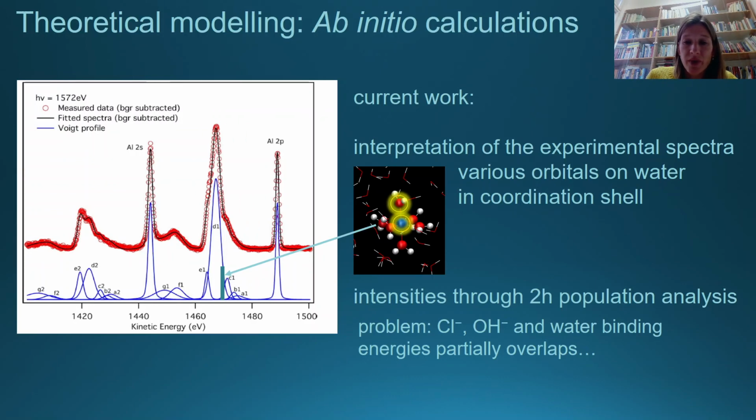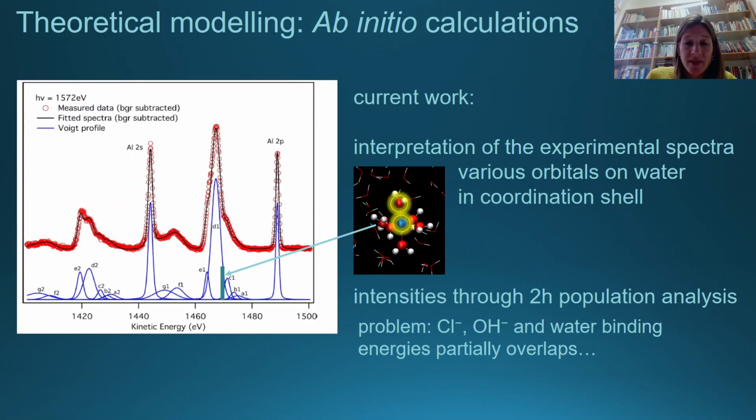As I mentioned before, the neighbors of the irradiated aluminium cation are mostly water molecules. So I am modeling the energies of the final states, and we are also trying to access the intensities of the peaks that were measured experimentally.